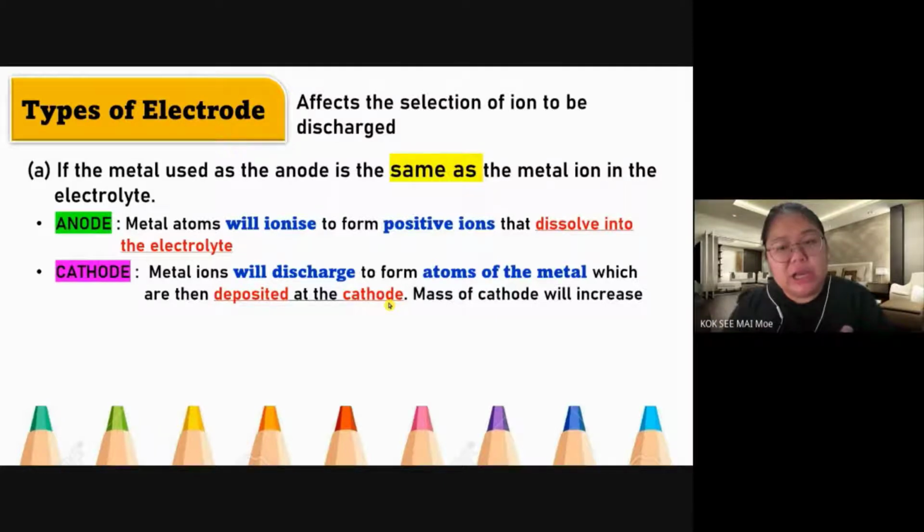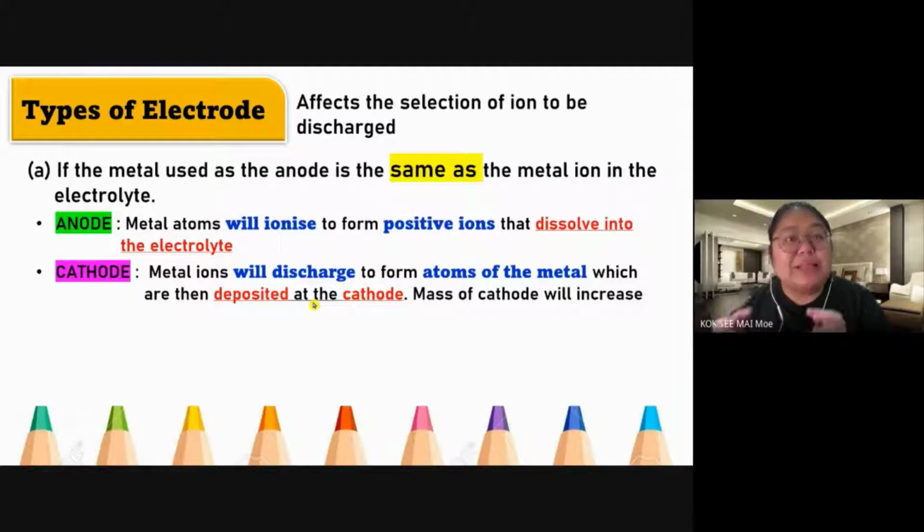After discharging to form metal atoms, the metal is deposited at the cathode. So the cathode becomes bigger and bigger because the metal has discharged and sticks to the electrode. The electrode becomes thicker and thicker as metal is deposited on the cathode.